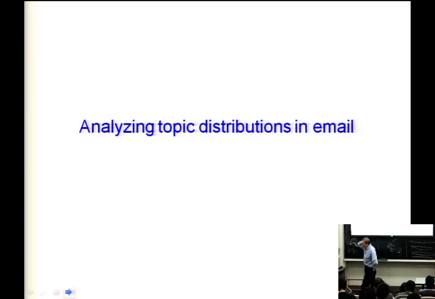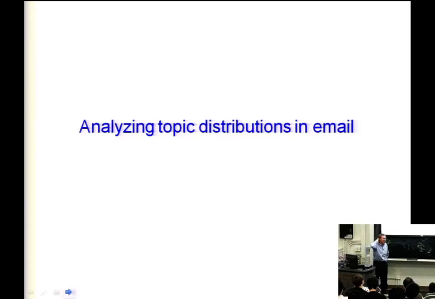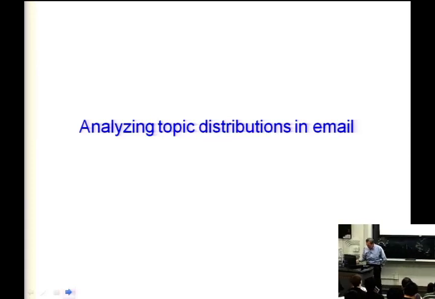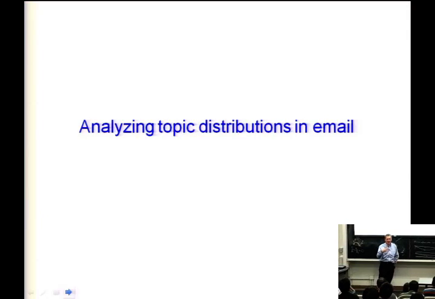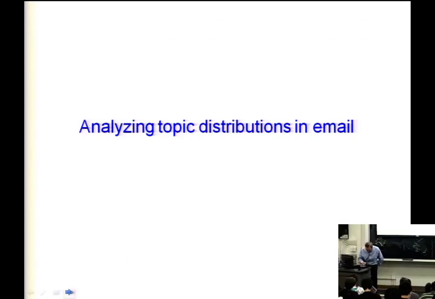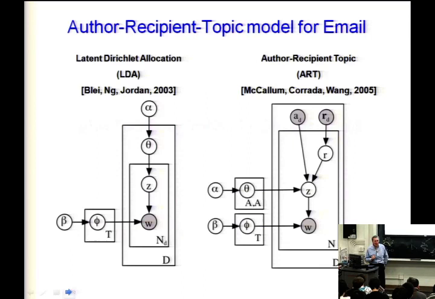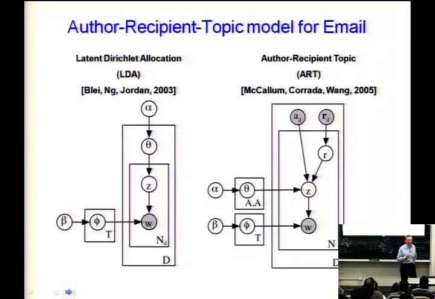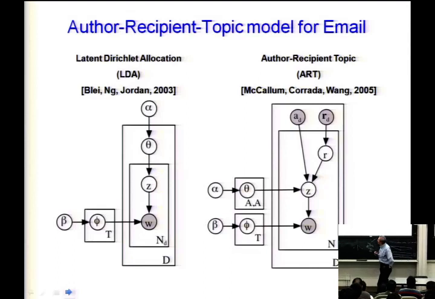He was thinking about this problem at just about the same time that Enron got sued by the Justice Department. As part of the law case, the Enron email corpus was subpoenaed by the Justice Department and became part of the public record. So Andrew got interested in doing social network analysis on email, and he ended up using the Enron email corpus.